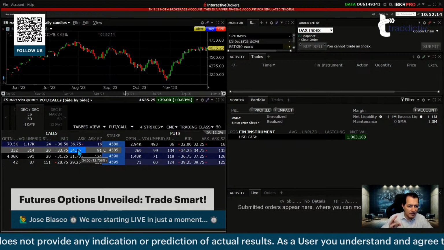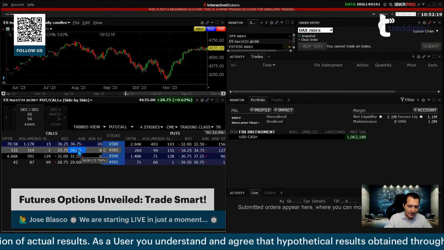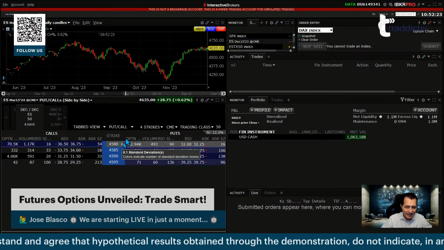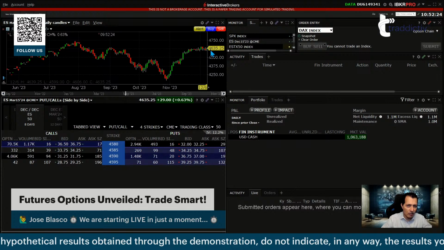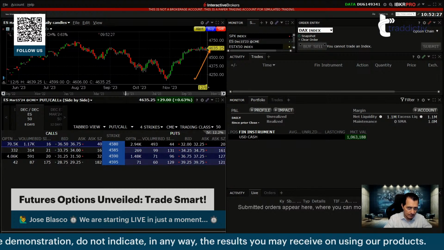I'm going to get 10 points cash settled in my account as a profit. But that 10 points would mean the difference between 45.85 and the current price of the March futures expiration.